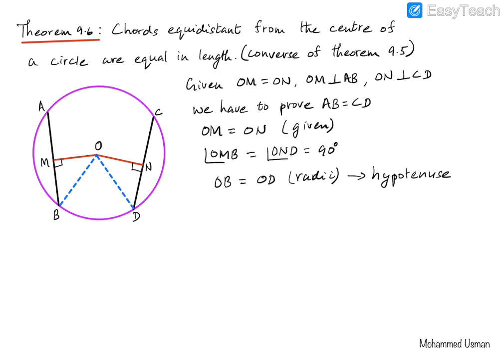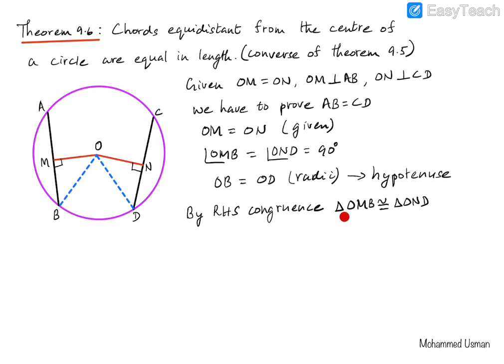So we have a right angle, a hypotenuse, and a side. So we can apply the RHS congruence rule to show that the triangles OMB and OND are congruent to each other.